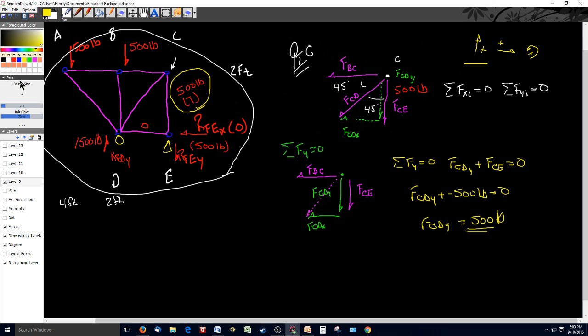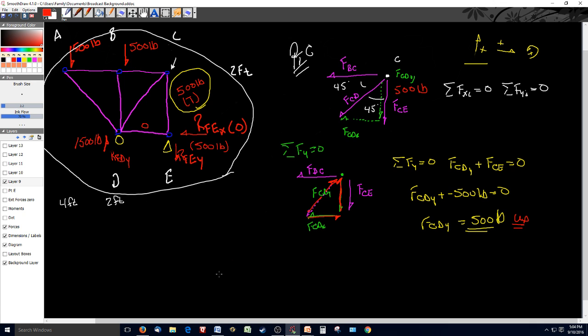It means that FCDY, redrawn in red here, is actually going up, not going down. What that also means is this one has to be reversed in order to make the vector math work out right. That's all that that means. So I've redrawn my vectors here. So up.